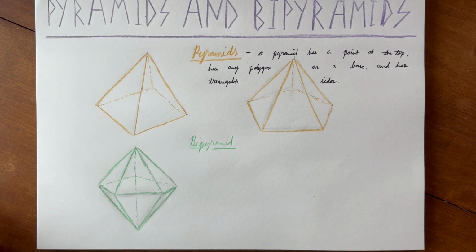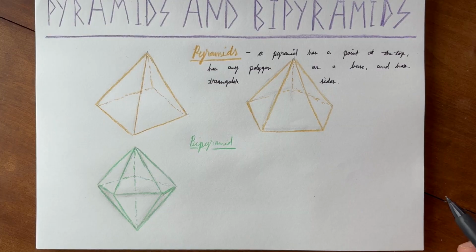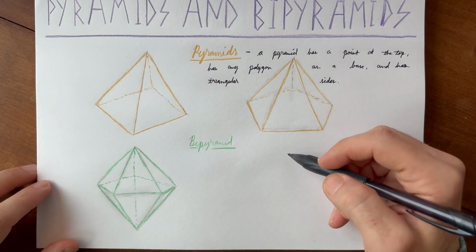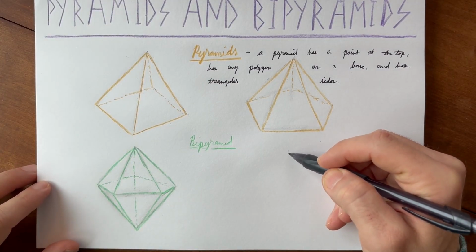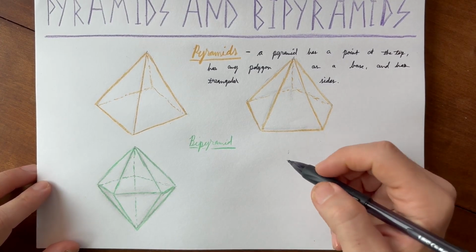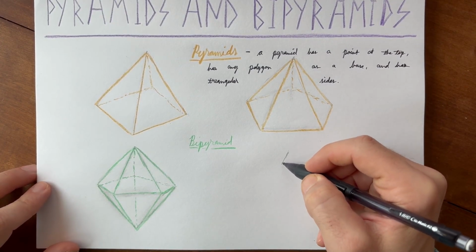Okay, there's one. And then we're going to do a hexagonal bipyramid, which we did not sculpt, but we're going to draw.